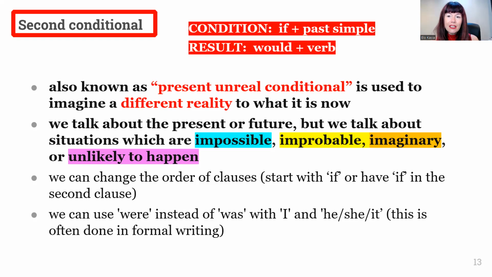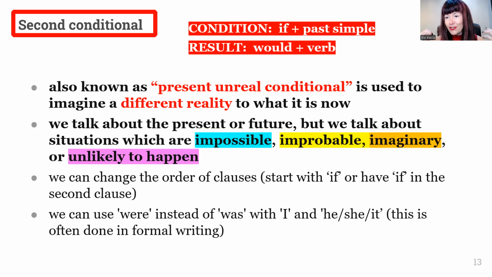Okay, so the second conditional is also known as present unreal conditional. And it is used to imagine, in our heads, a different reality to what it is now. Okay, so this is not true.